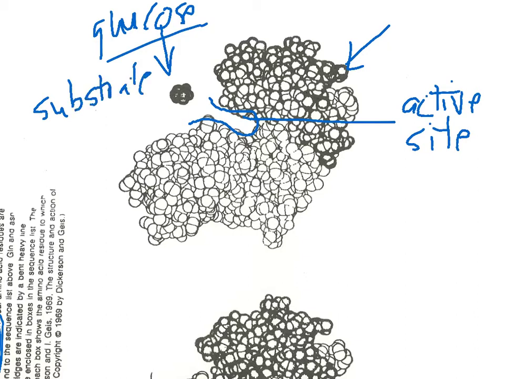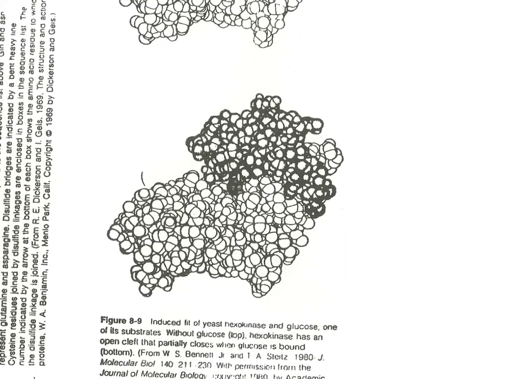And so, as we look at the picture below, we see the little glucose molecule down inside here. The active site is closed over the substrate for a very small fraction of a second. When that active site opens back up, glucose will no longer be glucose. It will have been changed. Now, will the enzyme have been changed? No, it will not. It just goes on grabbing glucose molecule after glucose molecule.